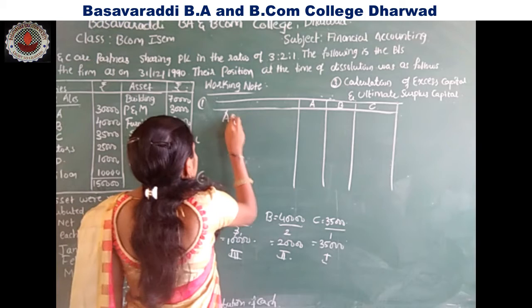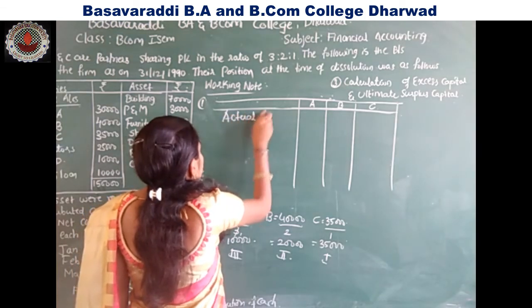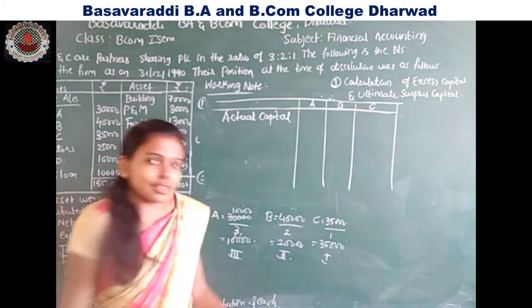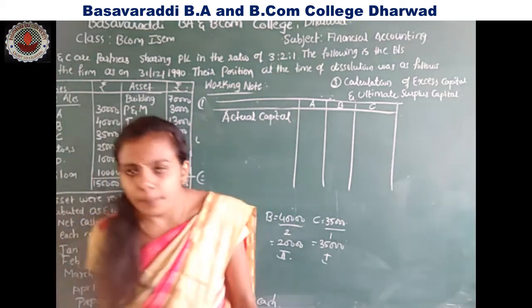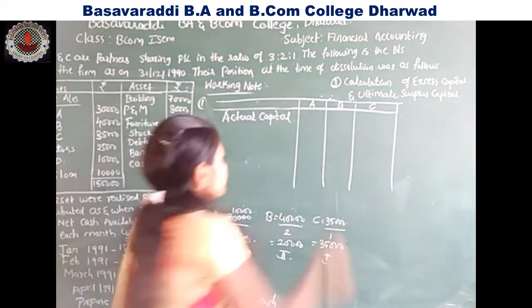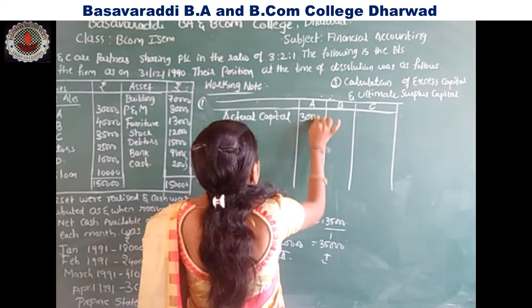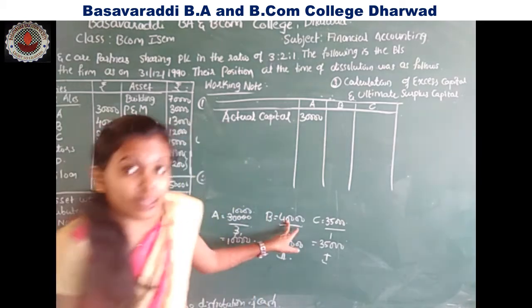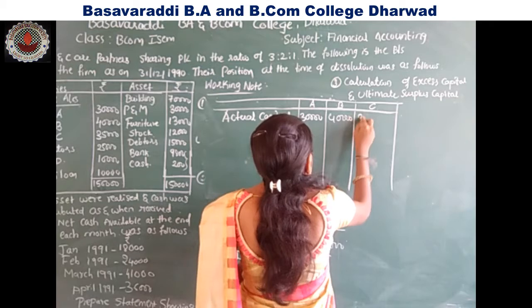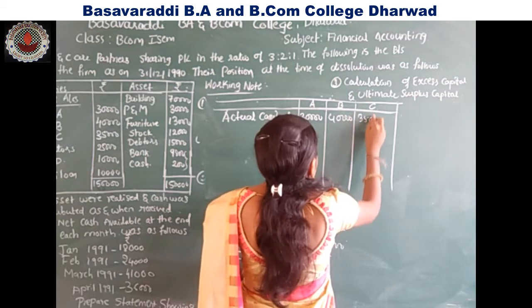First, actual capitals. In the particular columns, we write the actual capitals of each partner. Actual capital partner A 30,000, partner B 40,000 and then partner C 35,000.